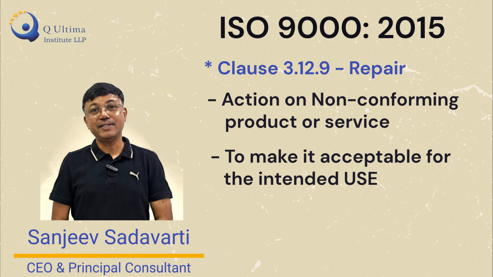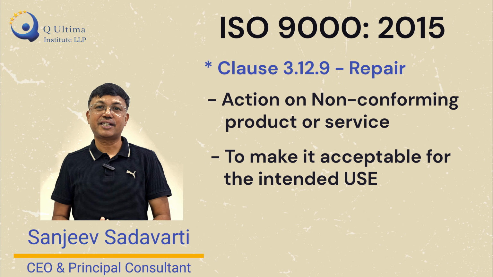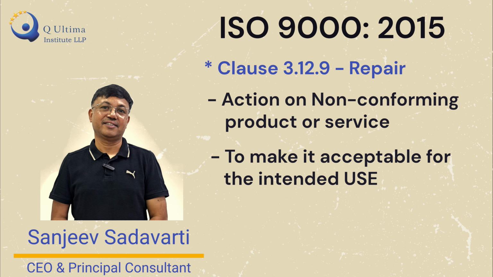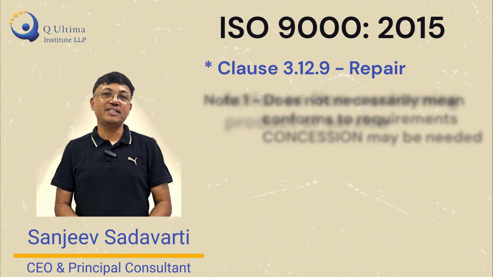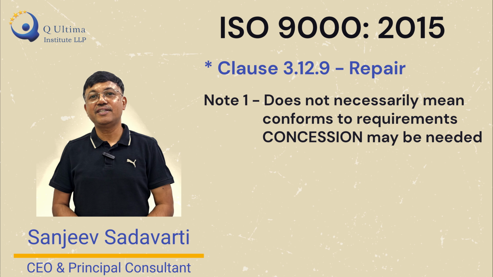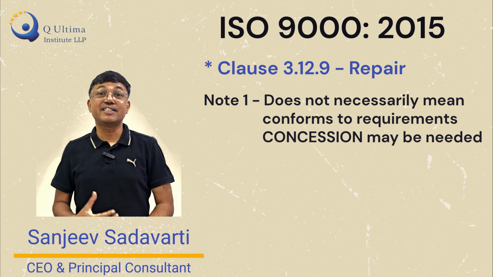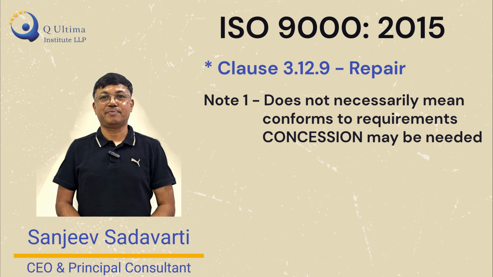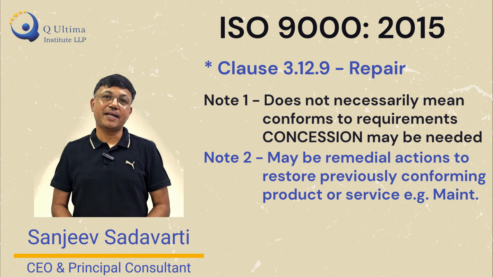Here we should note that it may or may not meet the requirements, but we make it acceptable to the customer so that it can be used effectively. Notes further clarify this definition. Note 1 specifies that repair does not necessarily mean conforming to the requirements, and sometimes concessions may be required from the customers.